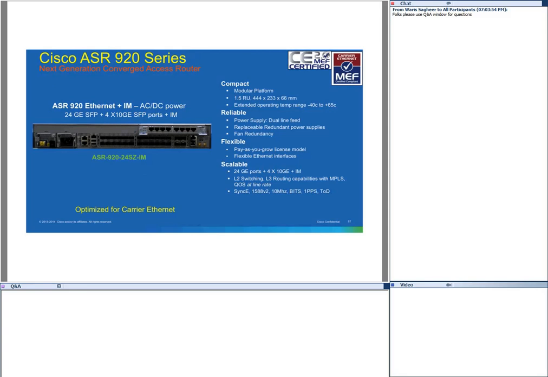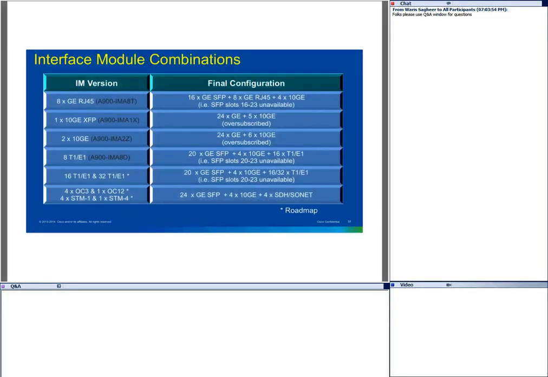Adding up to the 24-port, when somebody needs the flexibility to introduce TDM interfaces, we came up with another variant which has an IM slot. The IMs that are being used here can be used between 902, 903, 907, right? I mean, not all the IMs, certain IMs, of course. But the IMs are switchable between 920 and the ASR900. So what are the IMs that we support? We will be supporting 8 GIGI.